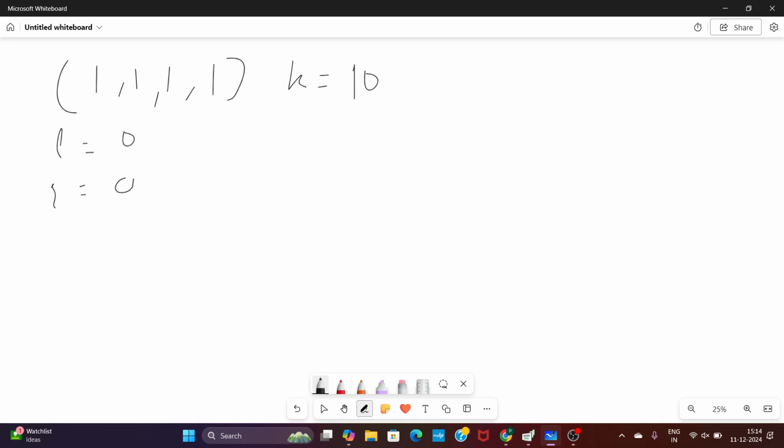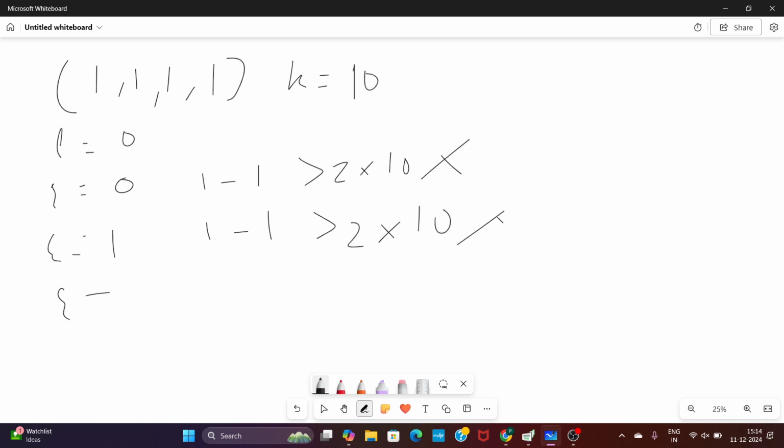Now, for example, if we take 1, 1, 1, 1 and k is equal to 10, how will you solve in this case? Our L will be 0. Now nums of R at 0 is 1, minus 1. Is it greater than 2 into 10? No. Move forward. Again 1 minus 1 greater than 2 into 10?